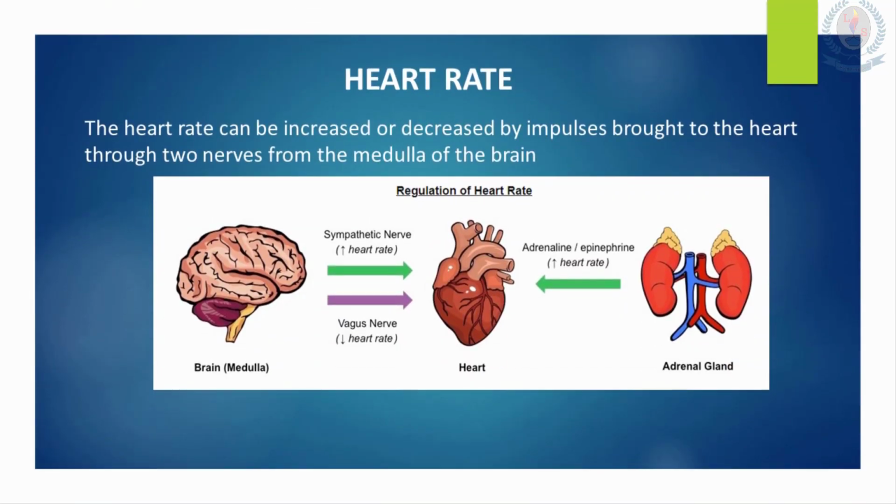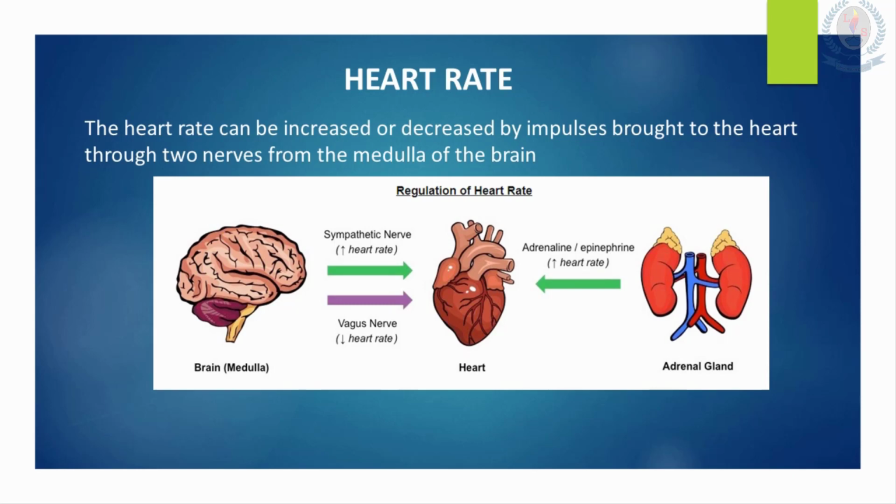Now we will discuss heart rate. Normally our heart beats about 70 times a minute, but this can be changed according to the needs of the body. When we exercise, what happens to the muscles? The muscles release more energy, so they need an increased supply of oxygen for aerobic respiration.